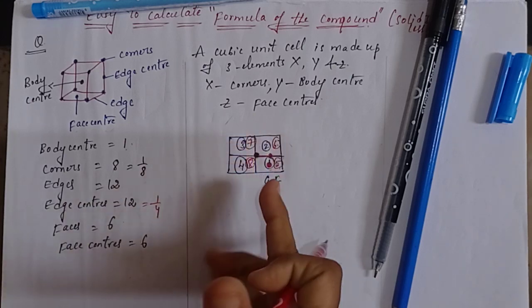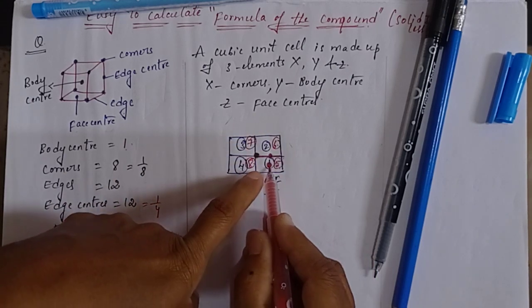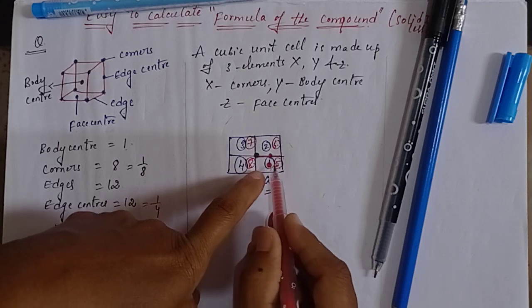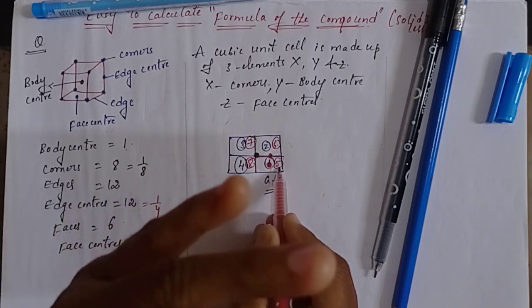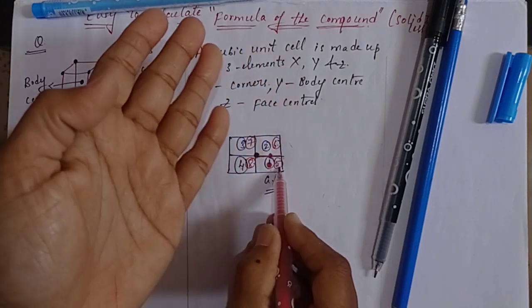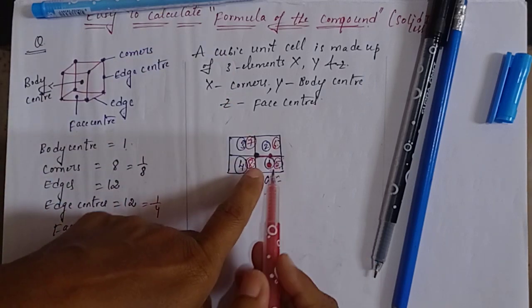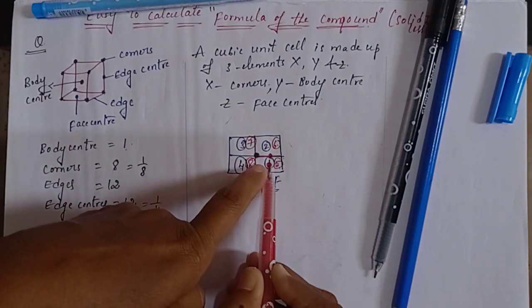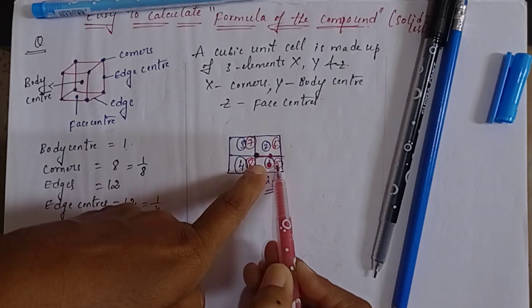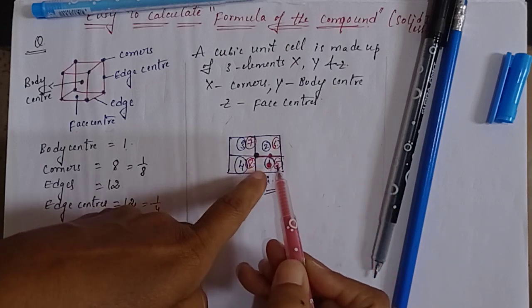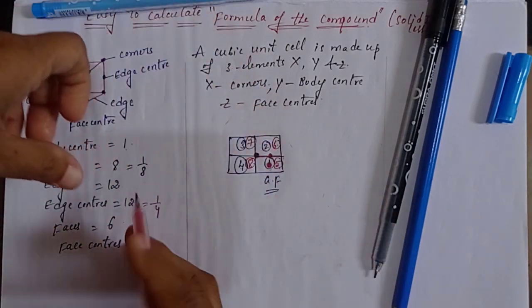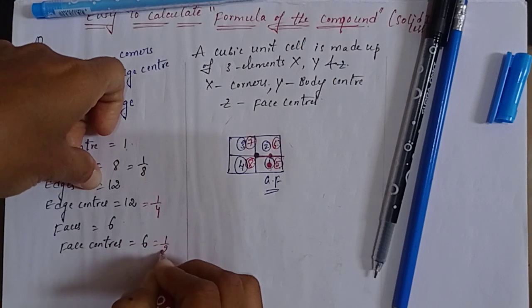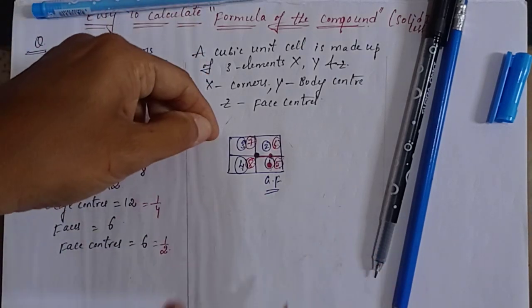Remaining rooms are not touching, correct or not? That means it is sharing with only 2 rooms. Understanding, students? So face center contribution is how much, students? 1/2.